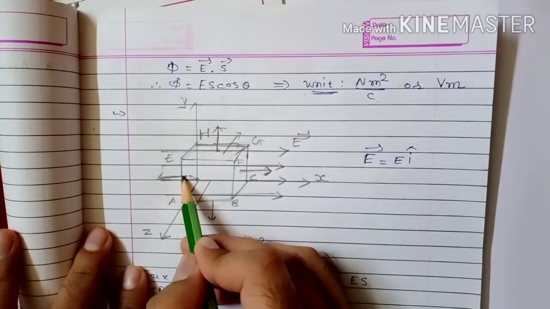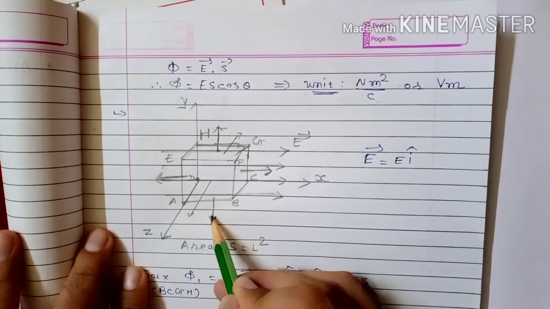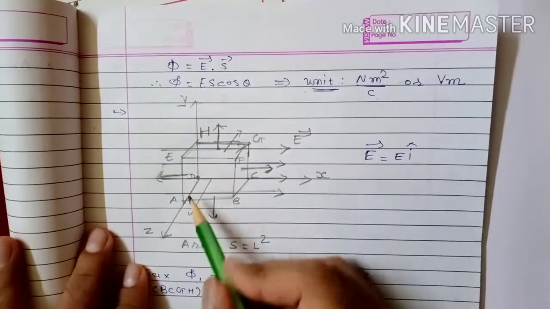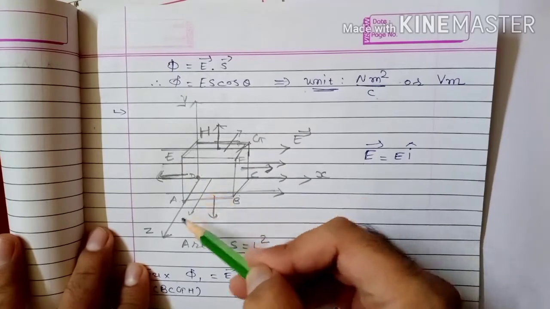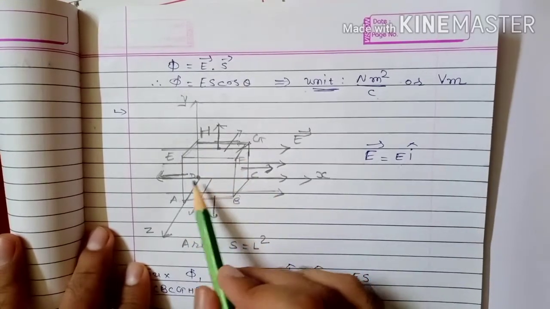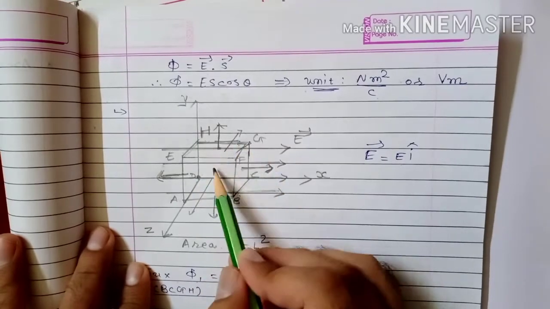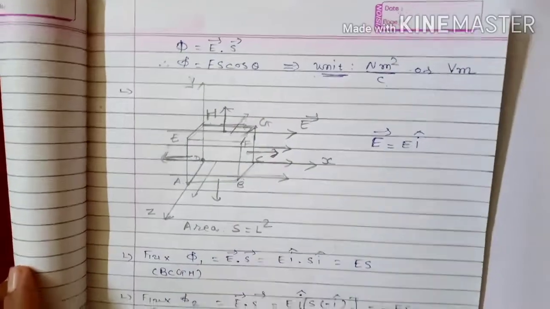For this face, area vector is in this direction. For lower surface, area vector is in downward direction. For ABFE surface, area vector is in Z direction. For the surface DCGH, area vector is in negative Z direction, like this.